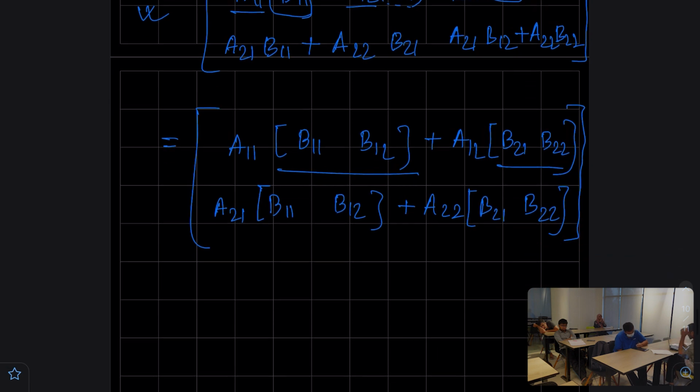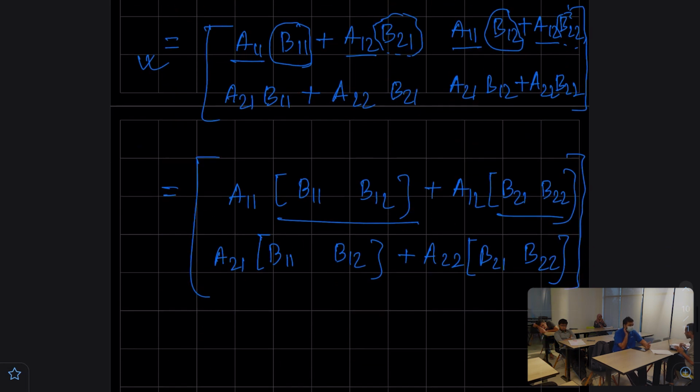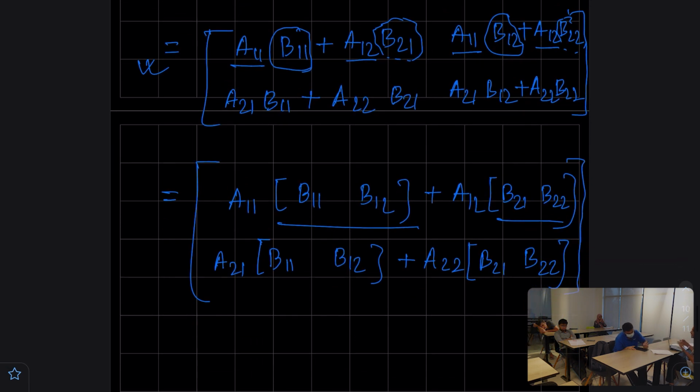That means this is just a linear combination. So the multiplication is actually the linear combination of the rows of the matrix P, right?